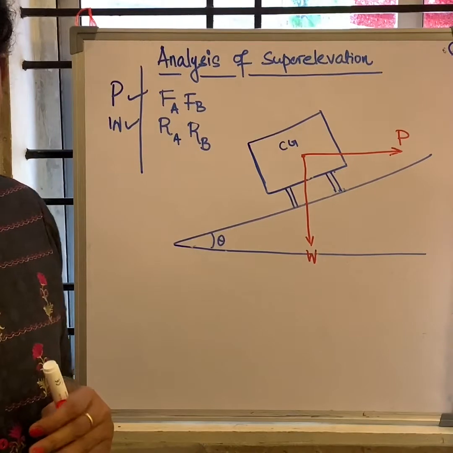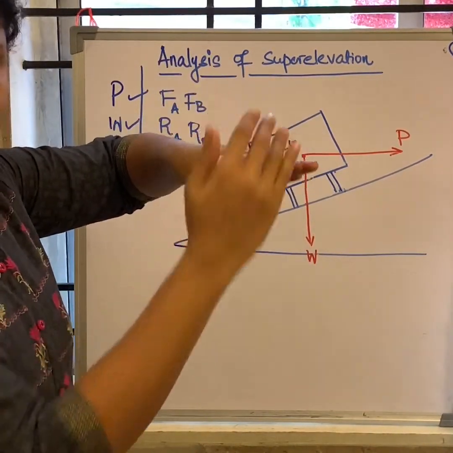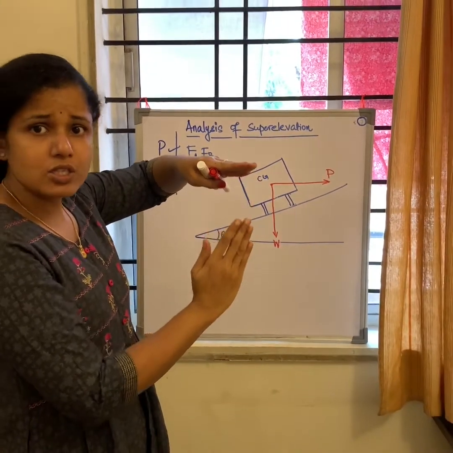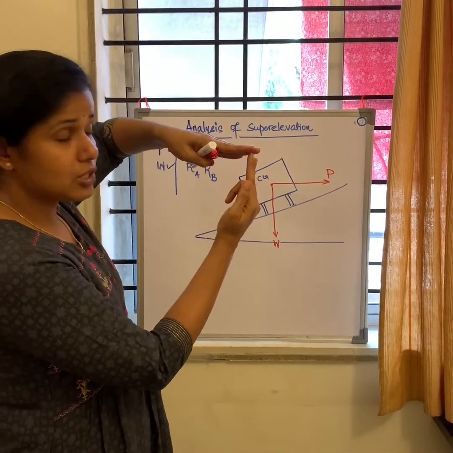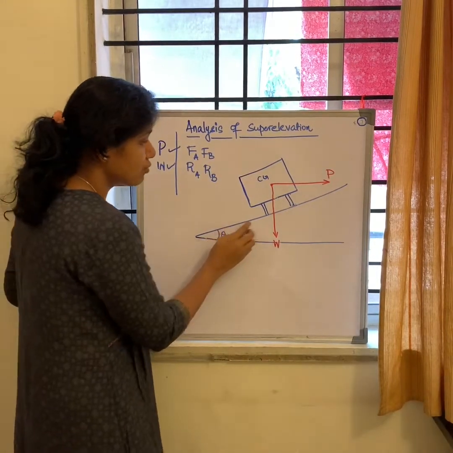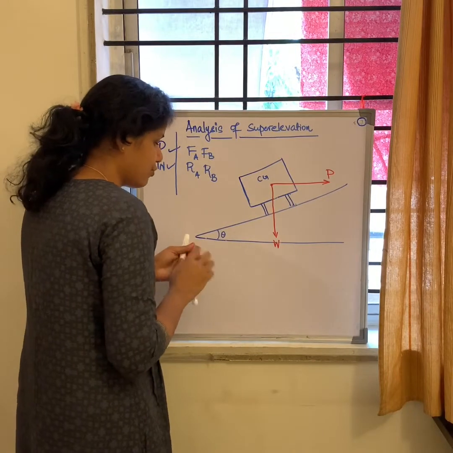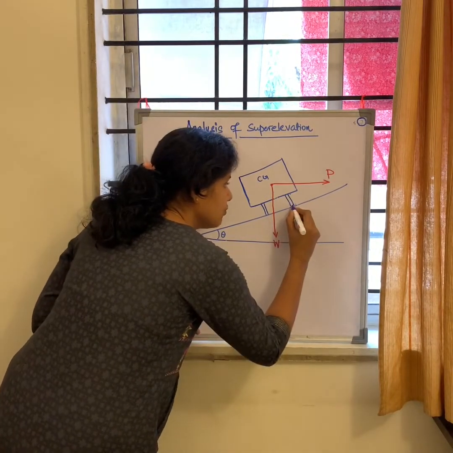So what is reaction? Reaction means when there is any action, any force, an opposing force. This opposing force acts perpendicular or normal to the surface. Now, which is your surface? Your surface is the inclined surface, along the wheel.